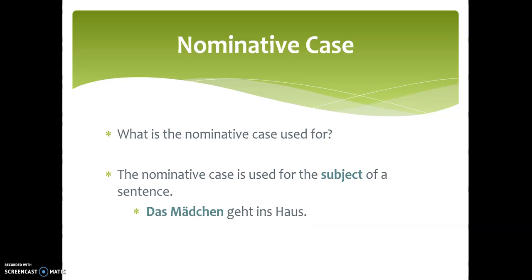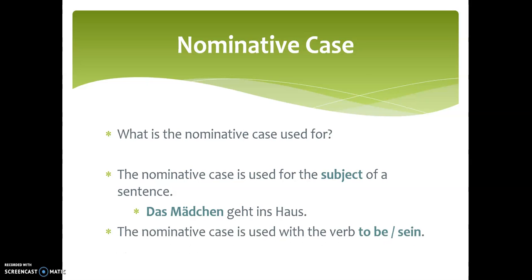For example, in the sentence, das Mädchen geht ins Haus, das Mädchen is the subject of the sentence, and my definite article das reflects the gender of that noun, which is neuter. So that would be the subject, and it would be in the nominative case.